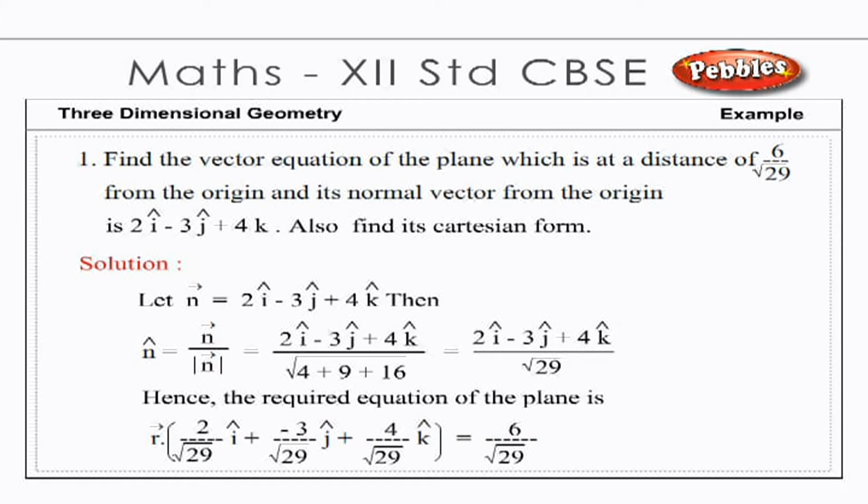Then n cap = n vector by mod n vector = (2i cap − 3j cap + 4k cap) by root (4 + 9 + 16) = (2i cap − 3j cap + 4k cap) by root 29. Hence, the required equation of the plane is r vector · (2 by root 29 i cap − 3 by root 29 j cap + 4 by root 29 k cap) = 6 by root 29.